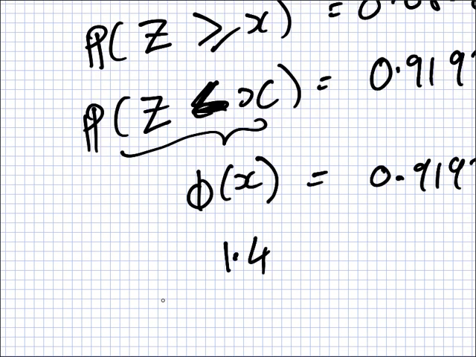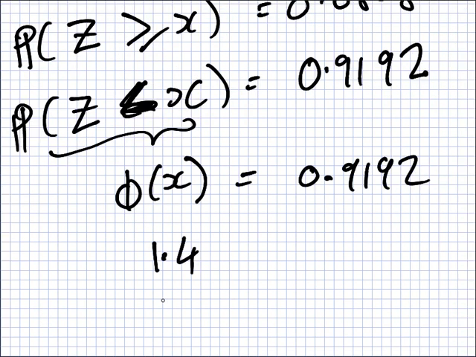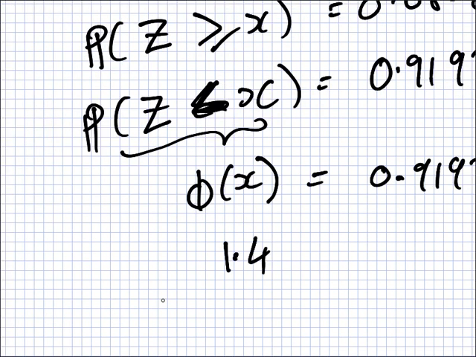I really like number 12. Wait, how did you get from the last question? What you have to do is you have to look backwards. So you need to look into the table for an answer of 0.9192. Apparently that's at 1.4. Right? Okay, yeah, makes sense. It's exactly. Okay, number 12.